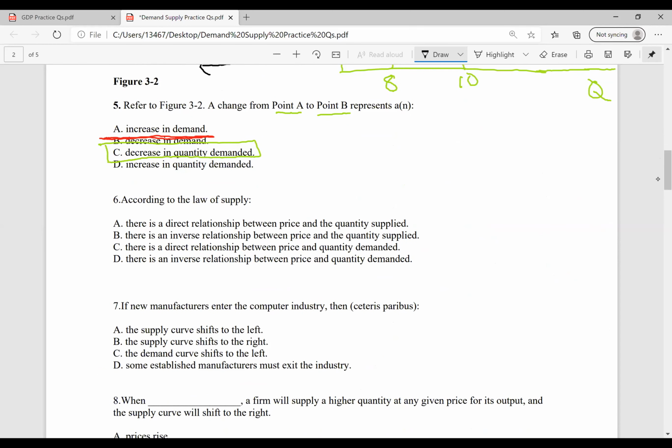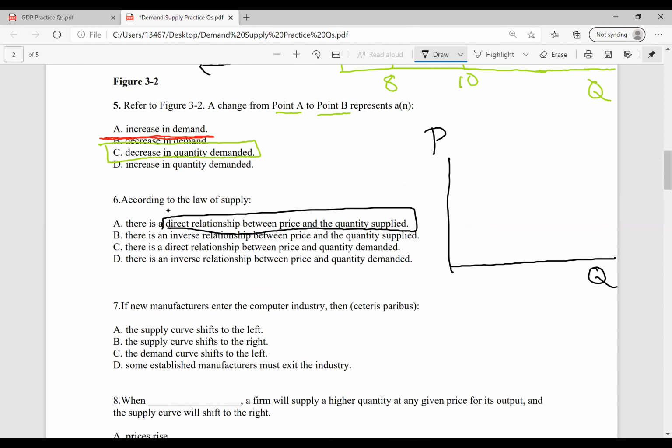All right. Question 6. Law of supply. I feel comfortable drawing the graphs when I am explaining this. Law of supply, there is a direct relation between price and quantity supplied. This one is the supply curve.